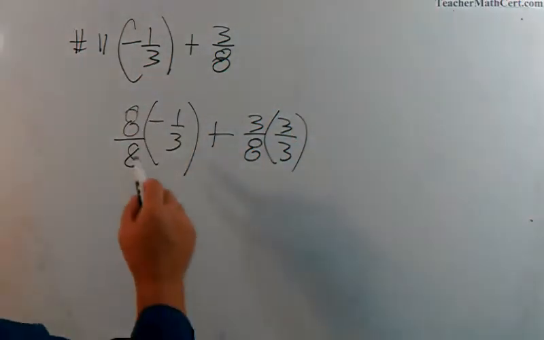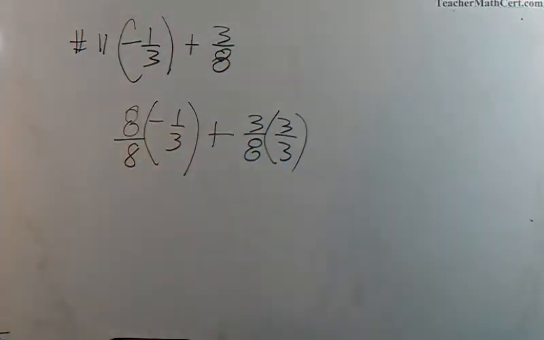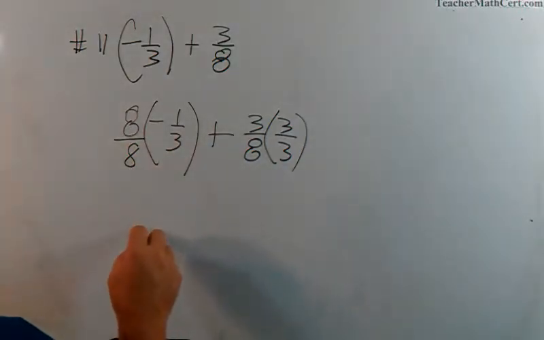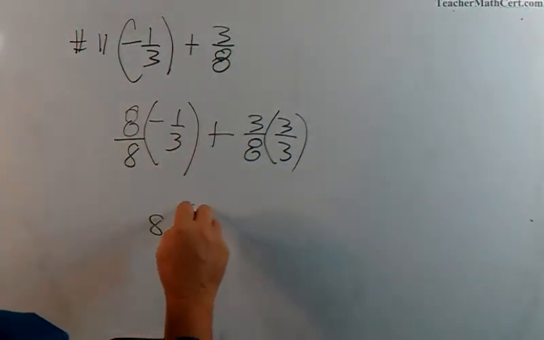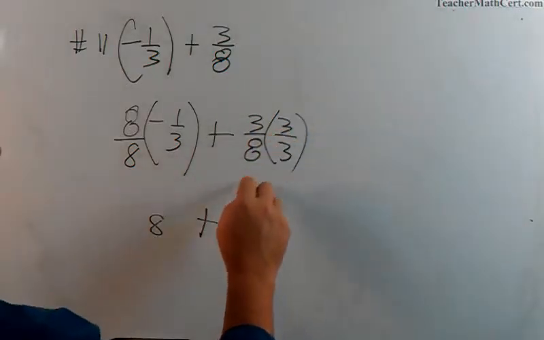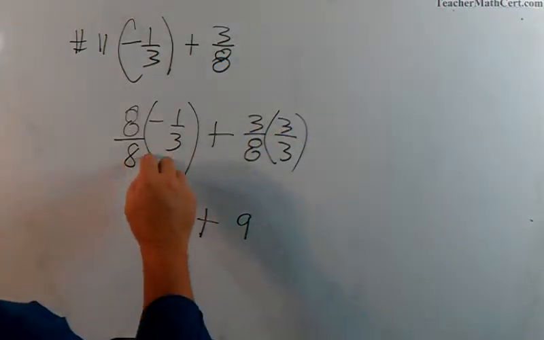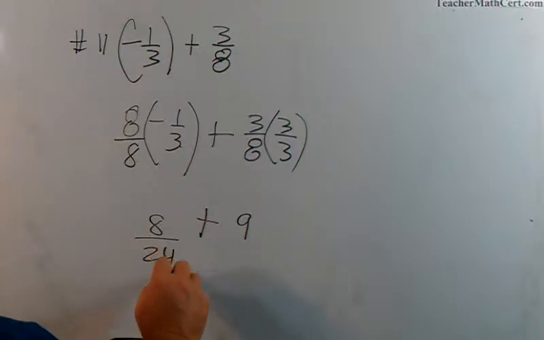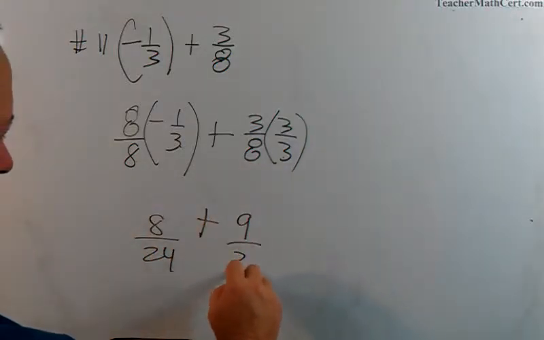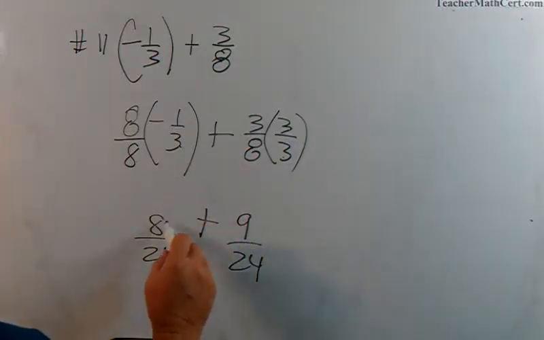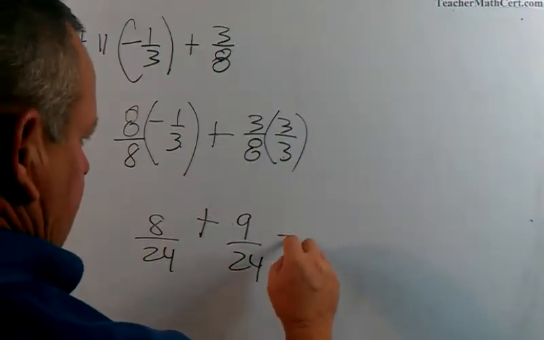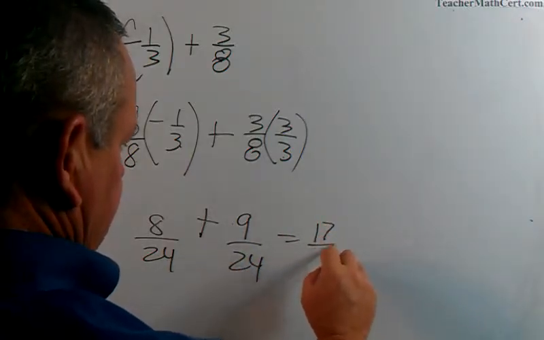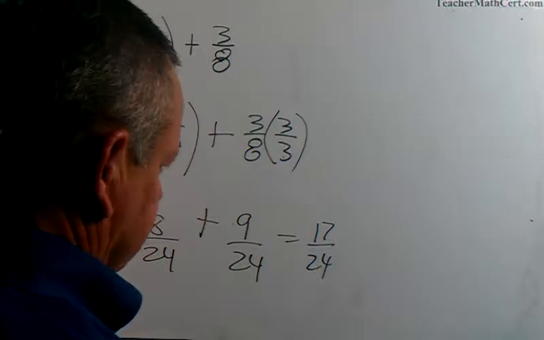Then 8 times a -1 is what? The signs are opposite, so they're going to be negative 8. Plus 3 times 3 is 9. 8 times 3, 24. 8 times 3, 24. Now we just add the numerators. -8 and 9, 1/24.